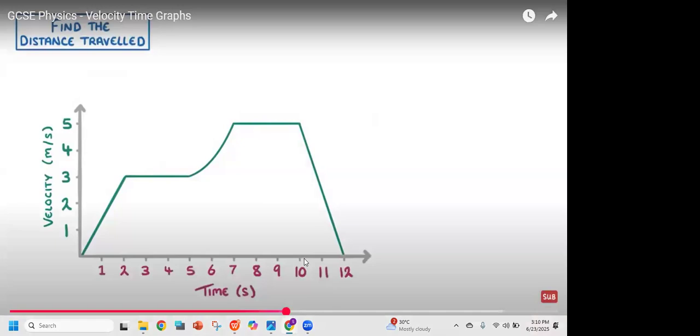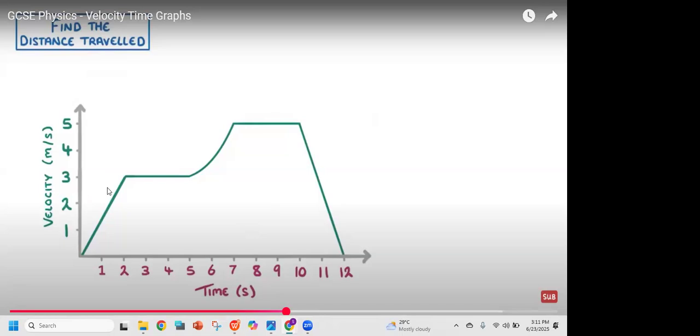So now you understood what we can do: you can also find the acceleration.